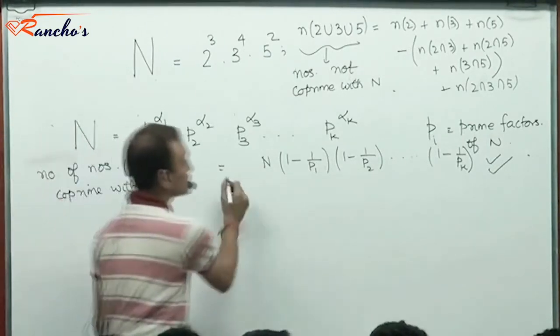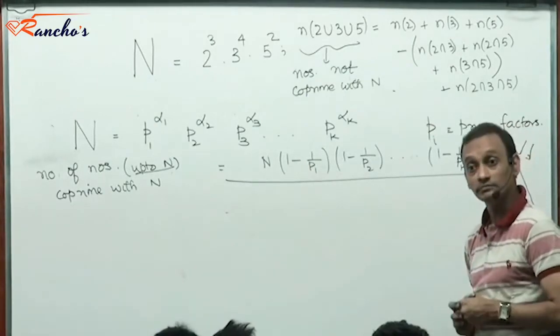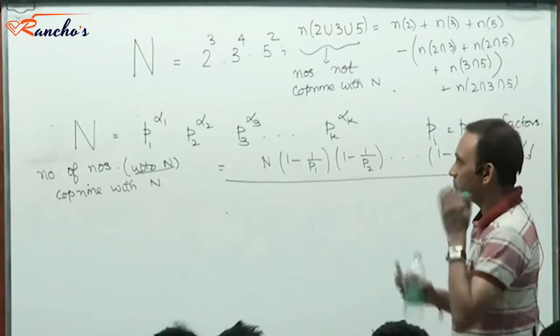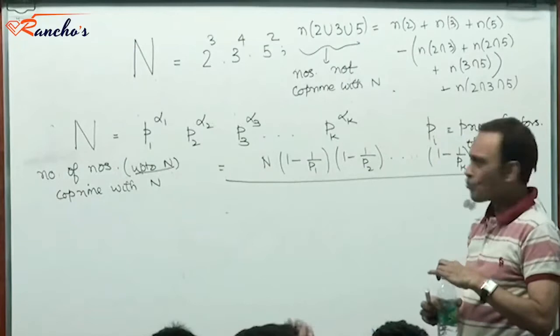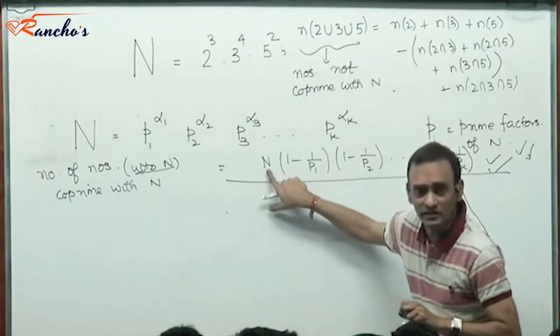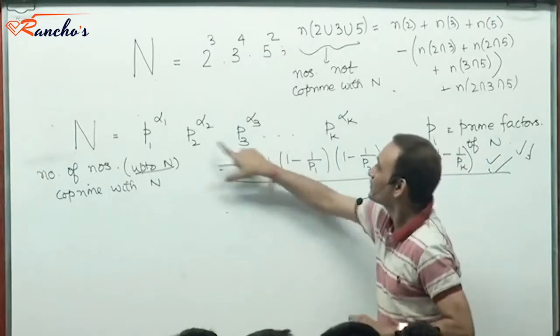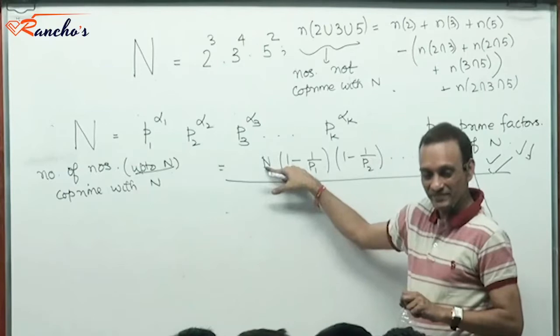Right? So a result that you must again remember. A result that you must remember. Okay. It's come here, capital N. These powers have come here. See, this would be P1 to power alpha 1. Those powers have come here. आ गया है सब यहाँ पे.